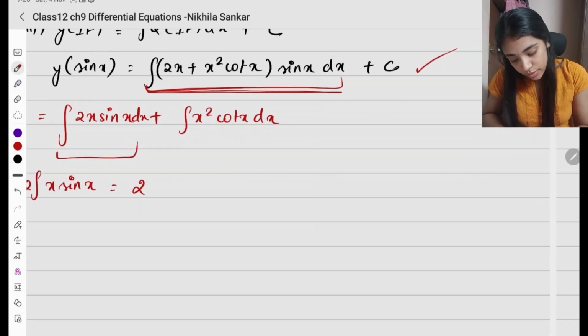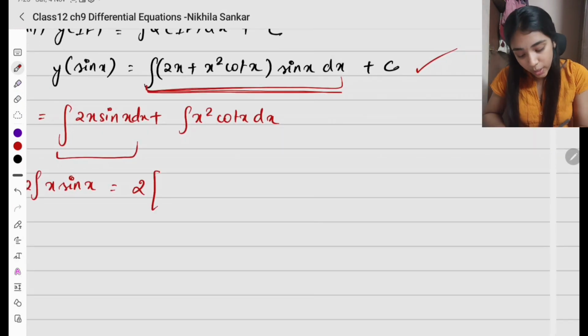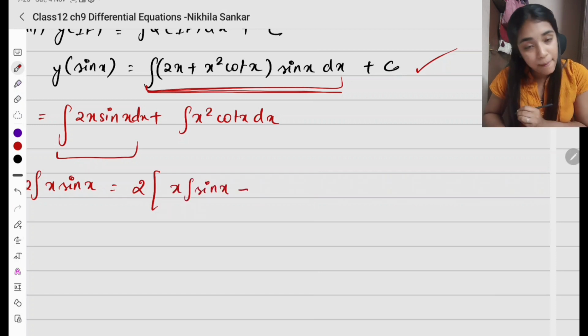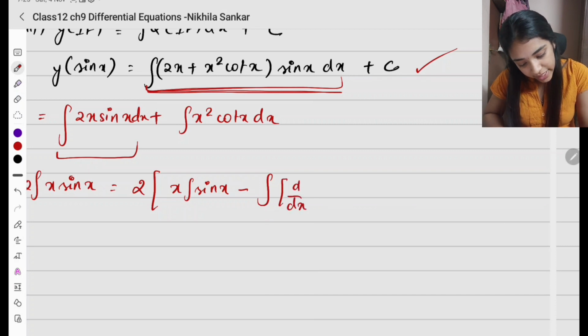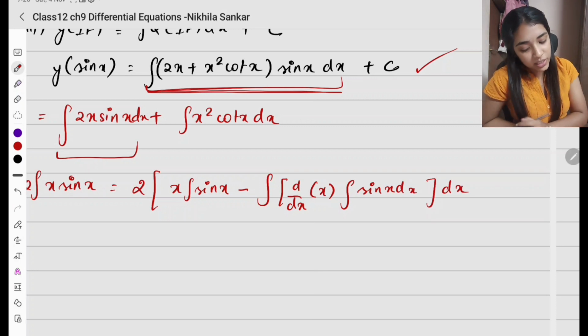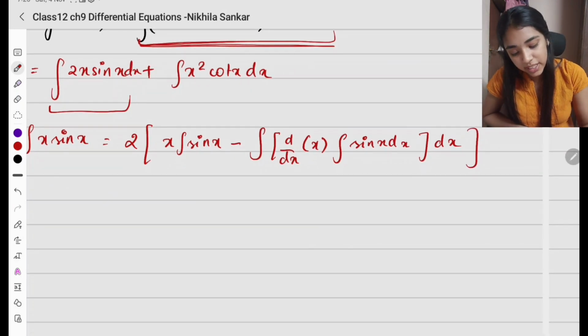Integration by parts, which I am going to solve. Equals 2 times, I'm going to open the bracket. Now it is going to be x times integral of sin x, minus integration of, first, what comes, d by dx of x, times integral sin x dx, times dx. An integral outside, a dx outside. Okay, so this is going to be integration by parts.